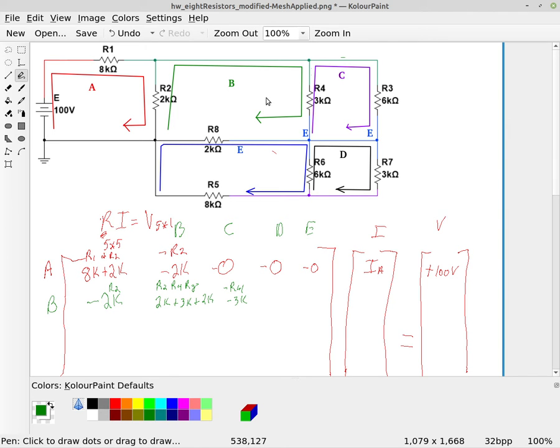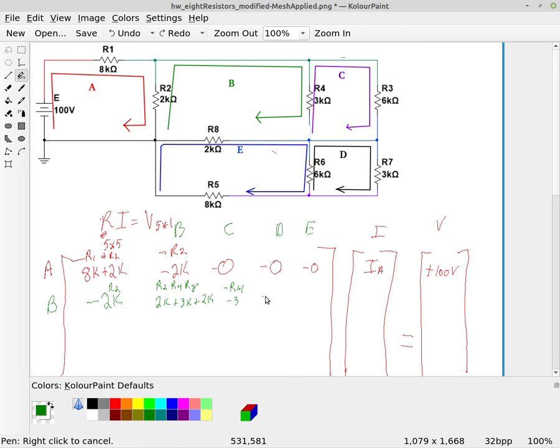Now, B and D only touch at this one point. Okay. Now those E's up there, this E was left over from the previous when I was marking the node, so let me delete those. But D and B are only touching by this node, so they're not sharing a resistor.